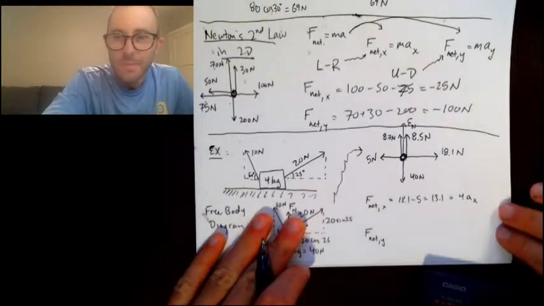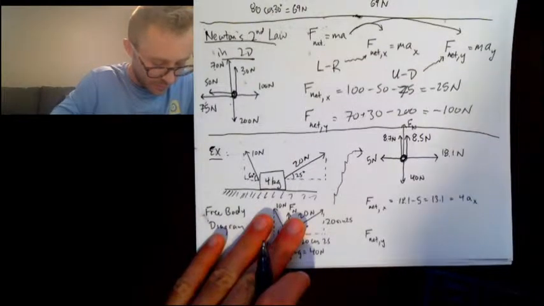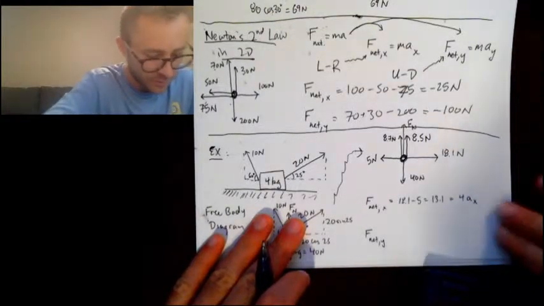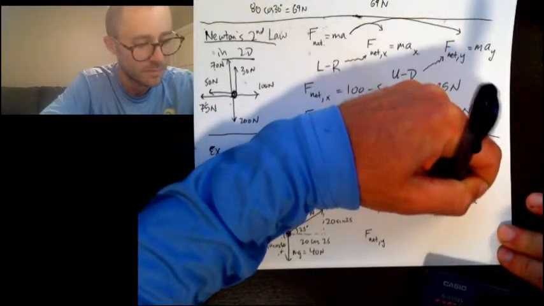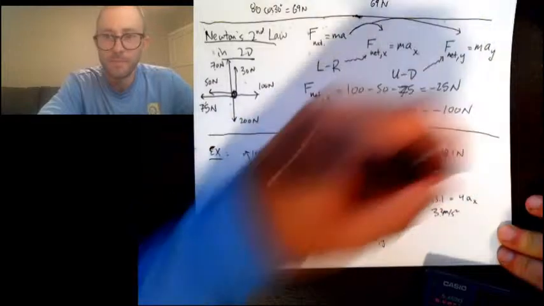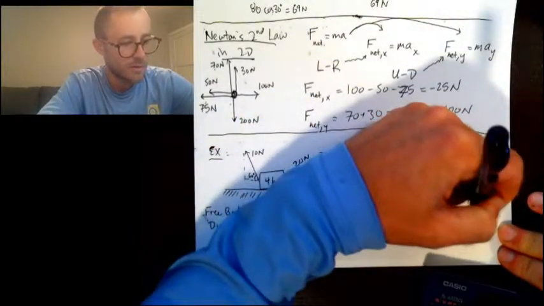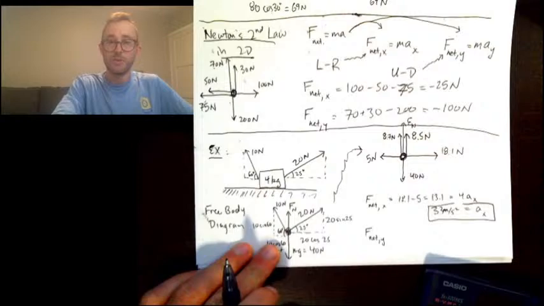Okay? So 13.1 divided by 4 is 3.3 meters per second squared. So the acceleration in the x direction is 3.3 meters per second squared.